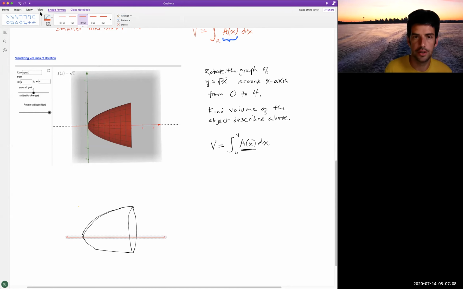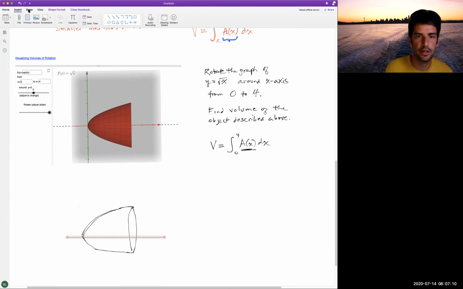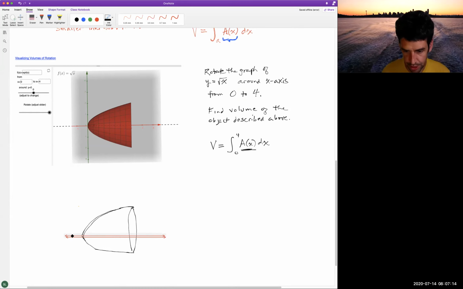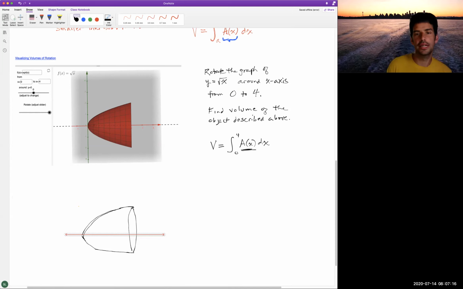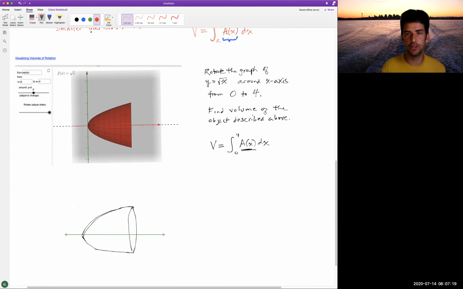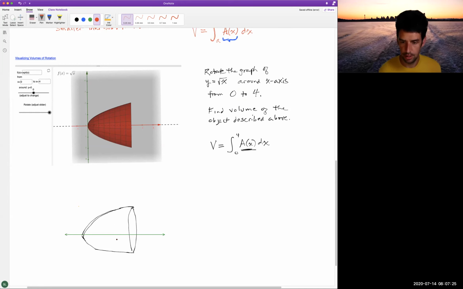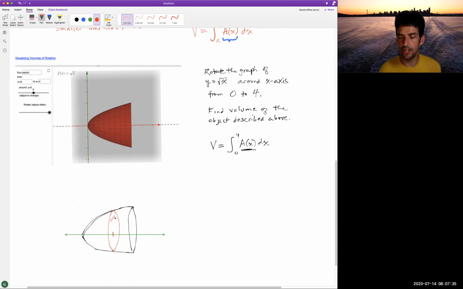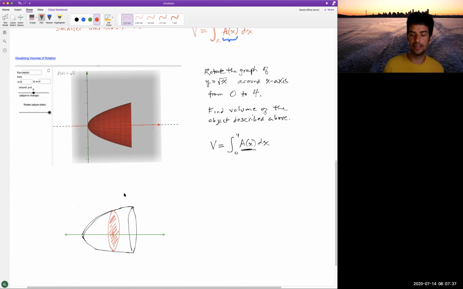Let's make it a little thicker and move it to the middle. So there's my shape. What I need to find is, if I were to pick a point on this axis, an x value, and slice the shape at that, what's the area of the shape that I get?